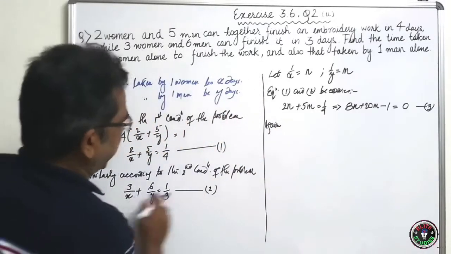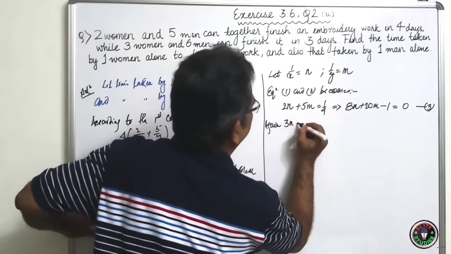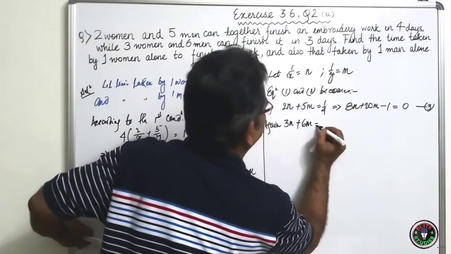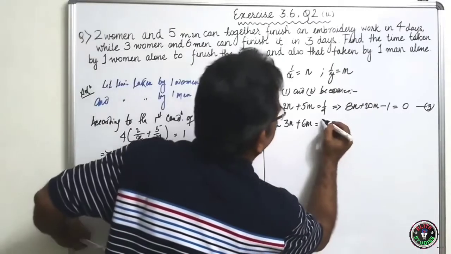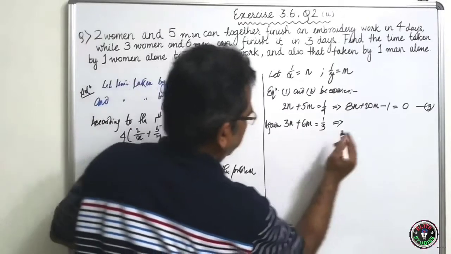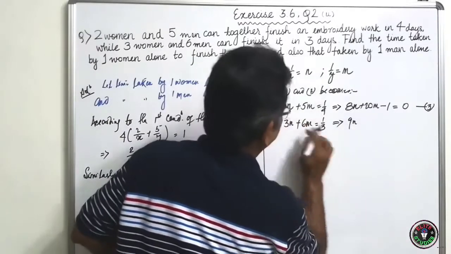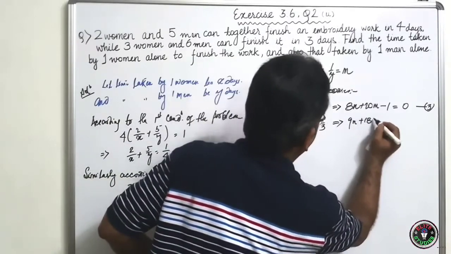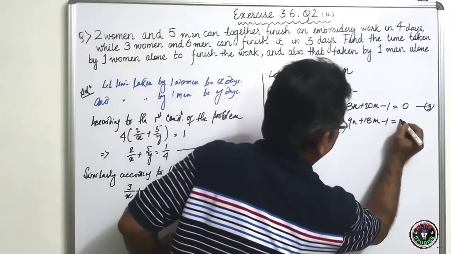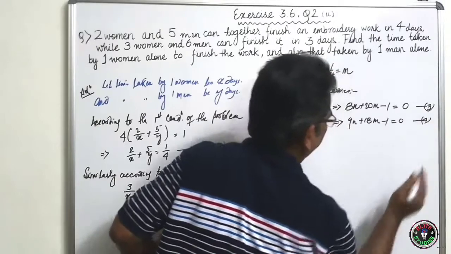Here it is 3n plus 6m is equal to 1 by 3. You simplify it. What will become? 9n plus 18m, and this minus 1 will be equal to 0. This is equation number 4.